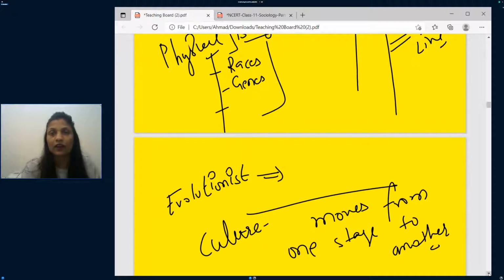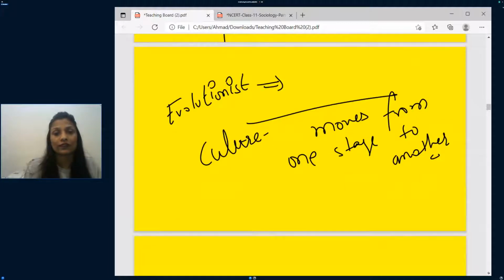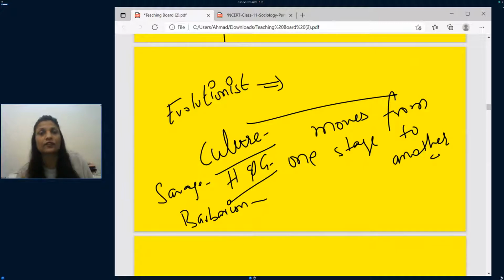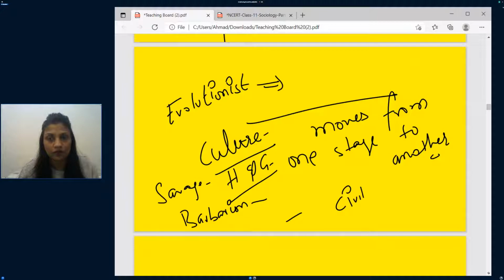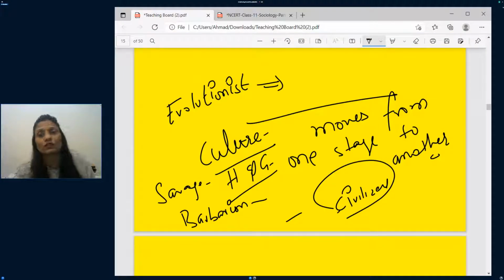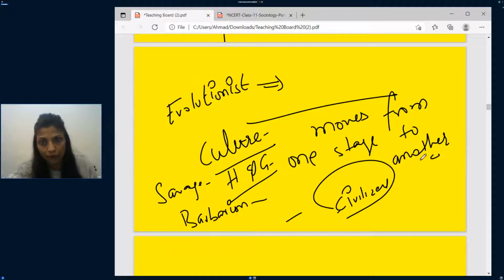For example, earlier we were savage, like hunters and gatherers, with no culture at all. In a way, it says that we were brutal, and then we were in barbarism. Barbarism is like we have become harder, and now we have developed certain rules and regulations, and then we have finally become civilized. Now we work towards the integration of the society as a whole.